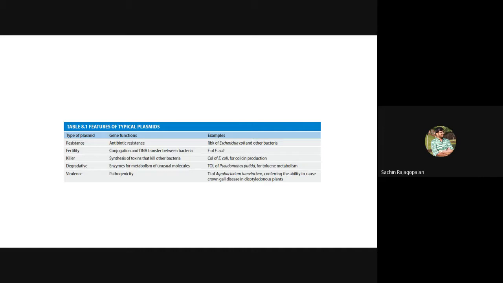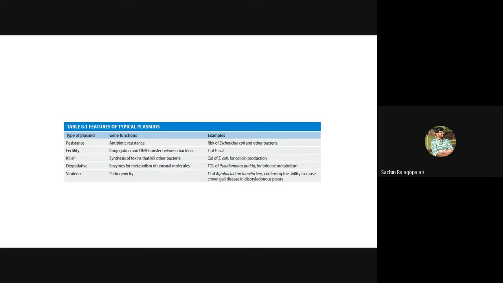That is the crown gall disease, and it is caused by a bacterium called Agrobacterium tumefaciens, and the virulence that they have to induce this kind of infection in plants is encoded in a plasmid, which is very popularly called the Ti plasmid.